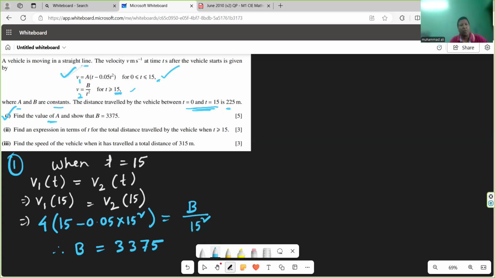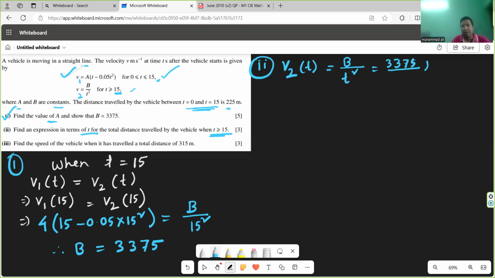Part 2. We want to find an expression in terms of t for the total distance traveled by the vehicle when t is greater than or equal to 15. So when t is greater than or equal to 15, the velocity v2(t) equals b by t squared. So b is 3375.